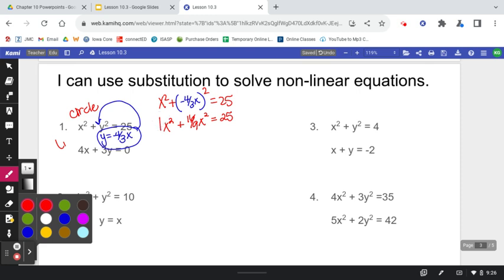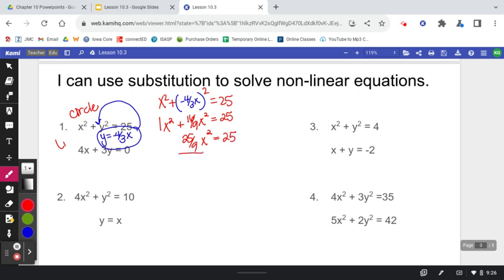This is a 1, so when I take 1 plus 16/9, that gives me a total of 25/9 x squared equals 25. Divide by 25/9 on both sides. So x squared is 9, correct? Yep. And then undo the square, take the square root. So 3 and negative 3.